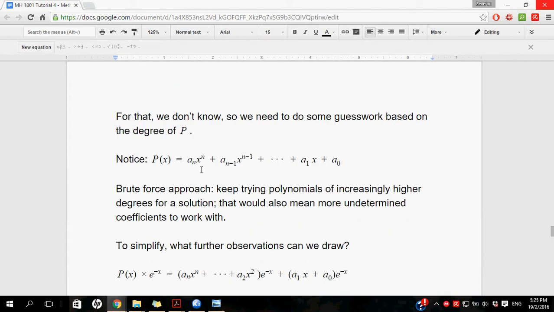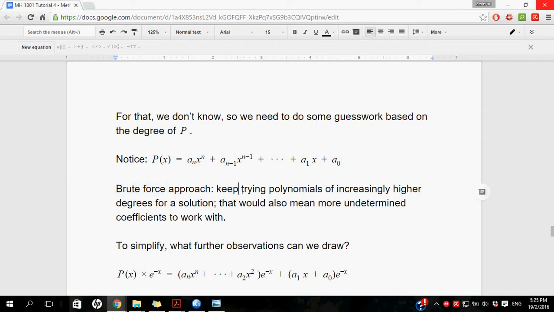Once you specify the degree of p, say n, then you can write out a general expression of this form for p of x. We'll have the term of the highest degree and associate to it a coefficient, and you can do so for all the other terms. The solution to this question is essentially going to use a brute force approach.